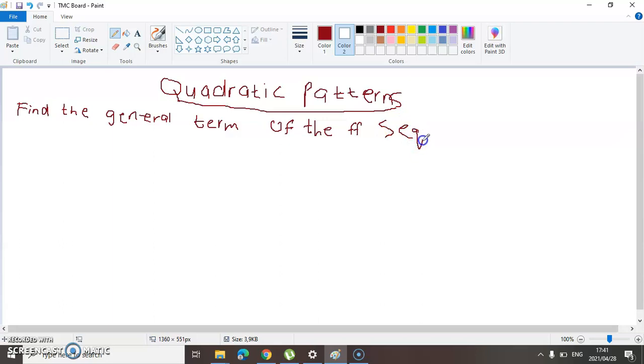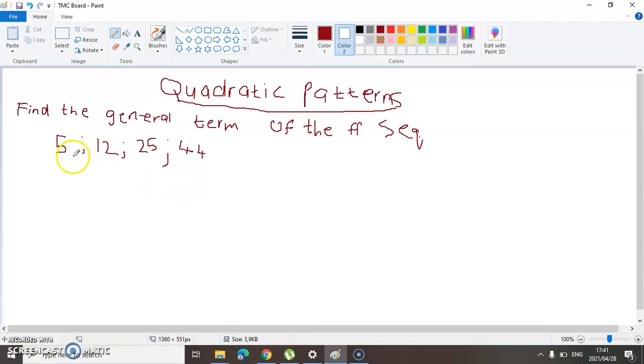Let's say the sequence has 5; 12; 25; 44, and let's just end here for now.